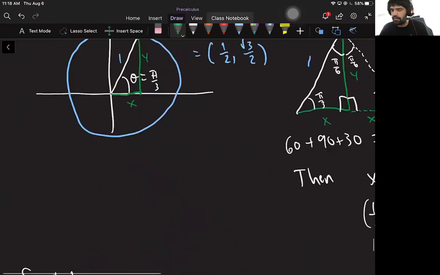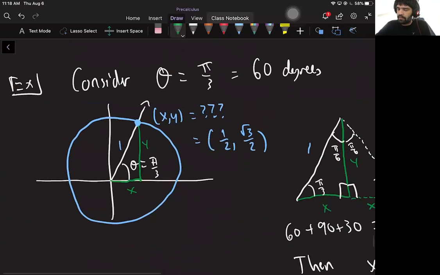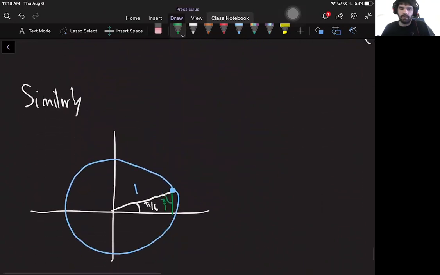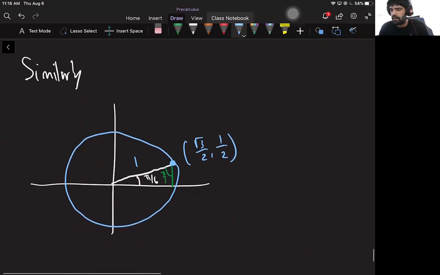So up here, this one was pi over 3, and this one was pi over 6. So it's the exact same triangle, just rotated a little bit. And so if you do the exact same trick, you're going to get the same point, except now the x coordinate will be the y coordinate from before, so root 3 over 2 will come first. And the y coordinate from now will be the x coordinate from before, 1/2. So the point is that at pi over 6, the angle touches the unit circle at root 3 over 2 comma 1/2.